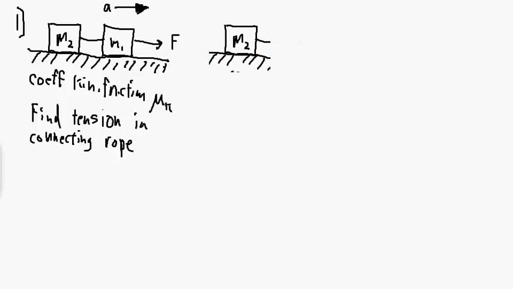Now I want to draw the forces acting on mass 2. The tension in this cable, we're going to call that T. There's weight, which is going to be M2 times G. There's the normal force, counteracting weight, of course. Normal force is always perpendicular to the surface, remember. And then there is the force due to friction.